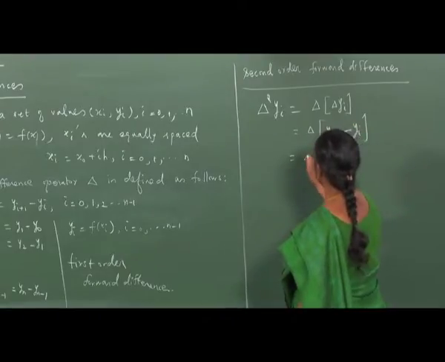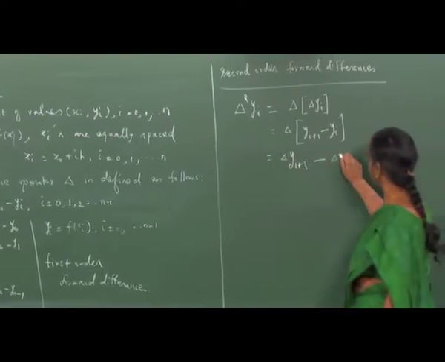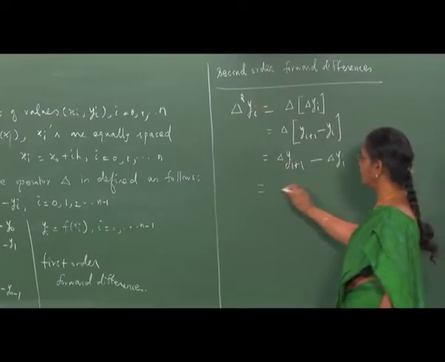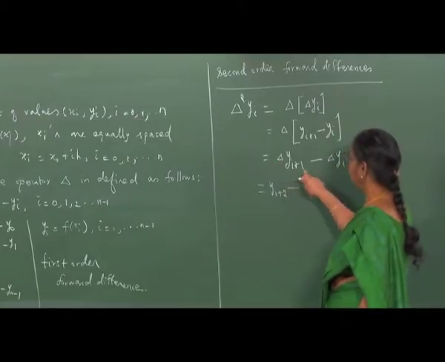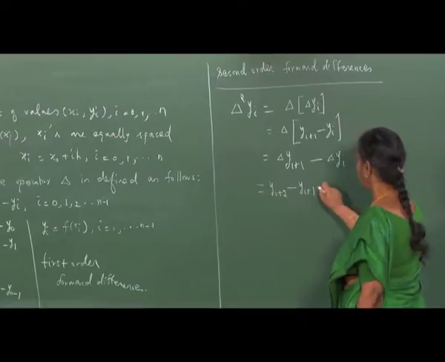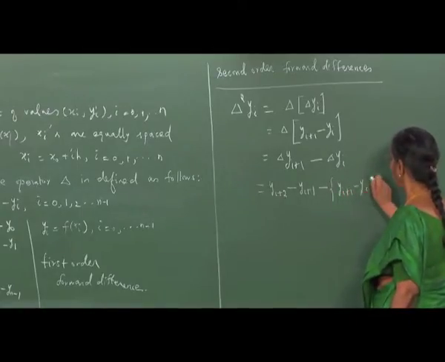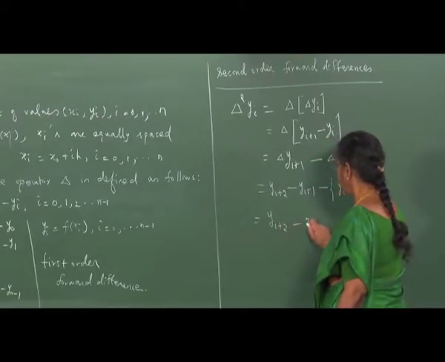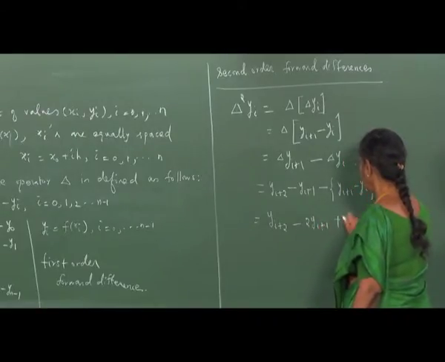So, this will be delta on yi plus 1 minus delta on yi. So, these are first order forward differences. So, I use the definition and write delta yi plus 1 as yi plus 2 minus yi plus 1, minus yi plus 1 minus yi. So, that will give me yi plus 2 minus twice yi plus 1 plus yi.